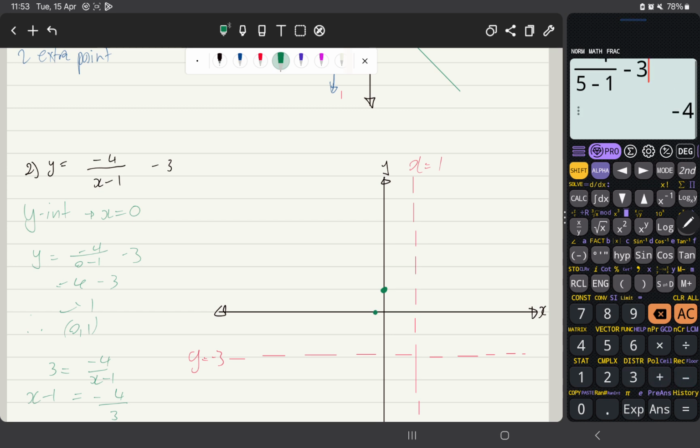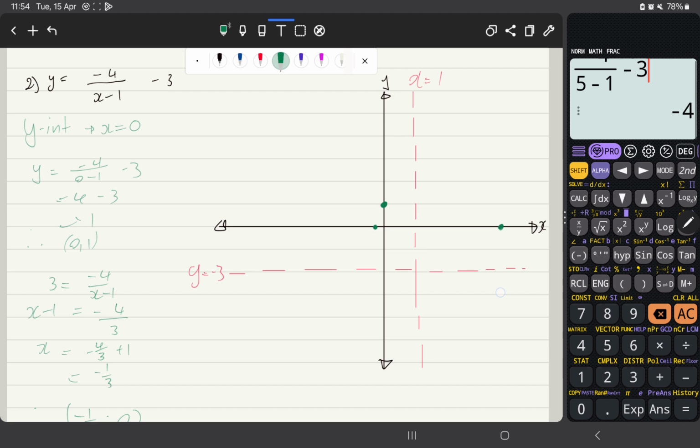So if I put 5, say this is 5 right here, I'm getting minus 4. So say this is minus 4. So then I'm gonna have a point over here. So in that case, I'm gonna have something of this nature, going down like this, and then I'm gonna have something of this nature on this end.